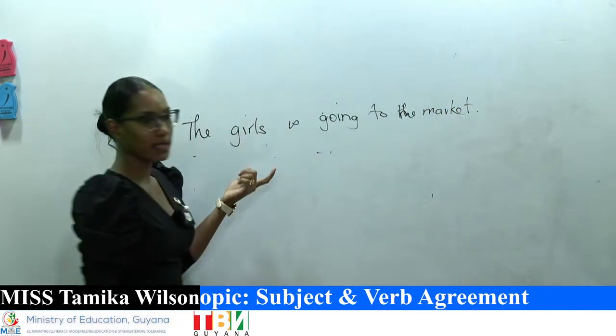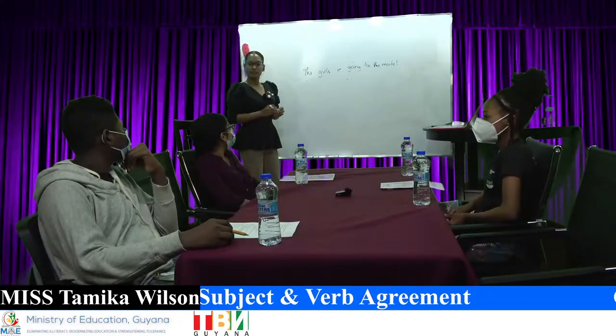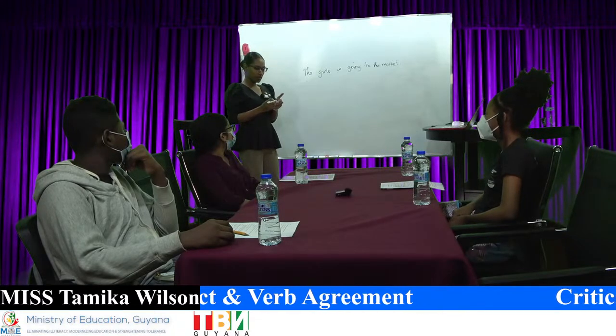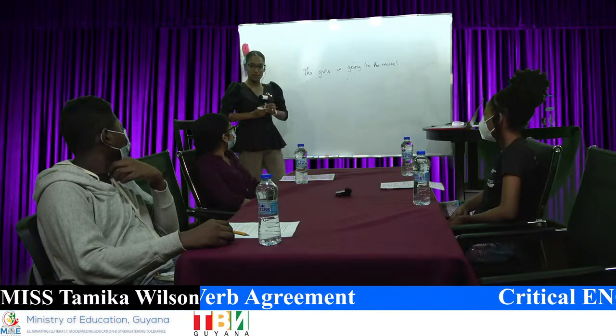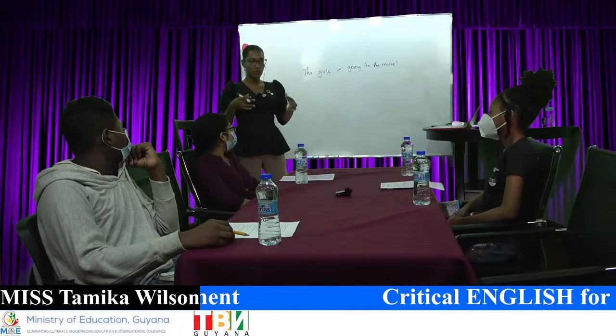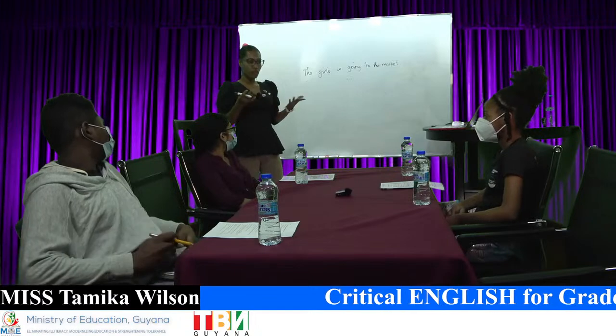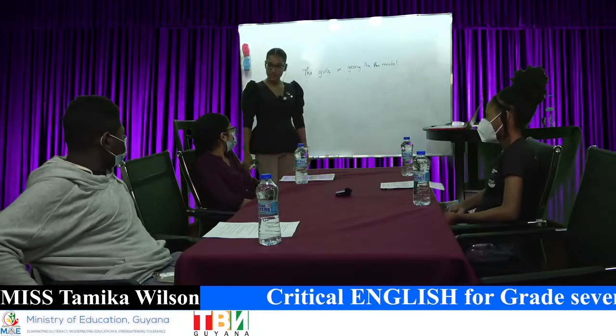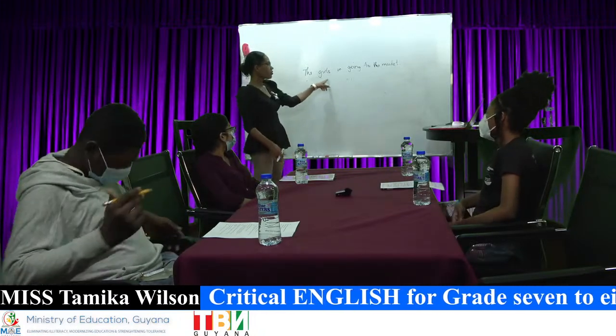Is anything wrong with this sentence? Look at it carefully. So subject and verb is not something new. It's something that we've been doing since grade 1, grade 2, grade 3, 4, 5, 6, and even in grade 7, yes?